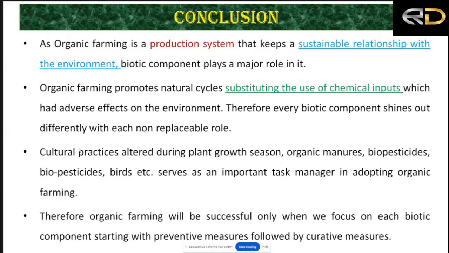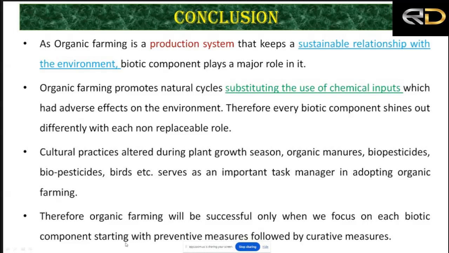As we know, in the first slide I told you organic farming is the production system that keeps a sustainable relationship with the environment. Here the biotic components play a major role. As it will be sustainable, the biotic components are the major role players.